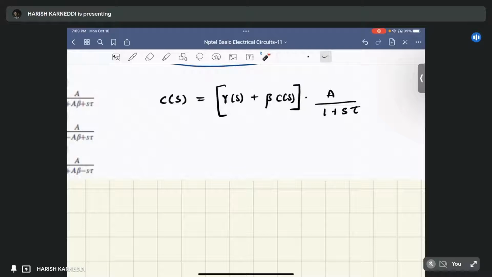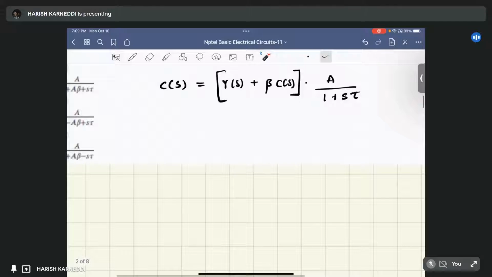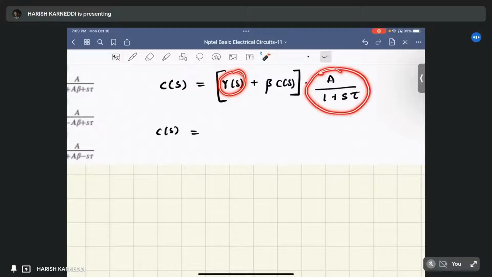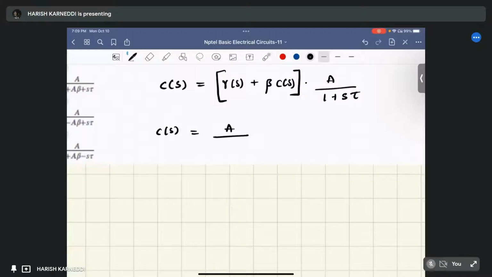Then we can calculate this transfer function as C of S by R of S. I am simplifying the expression. C of S equals R of S multiplied by this gain function, which gives A by 1 plus S tau into R of S.